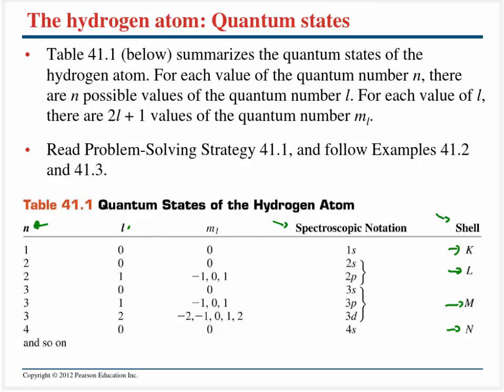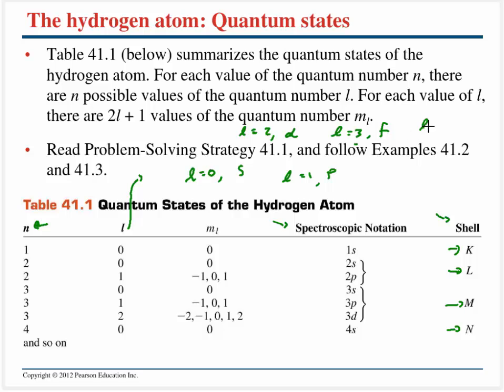And then L is going to determine the state, where L is equal to 0 is what we call the S state. L is equal to 1, we're going to call that the P state. L is equal to 2, we're going to call that the D state. L is equal to 3, we're going to call that the F state.